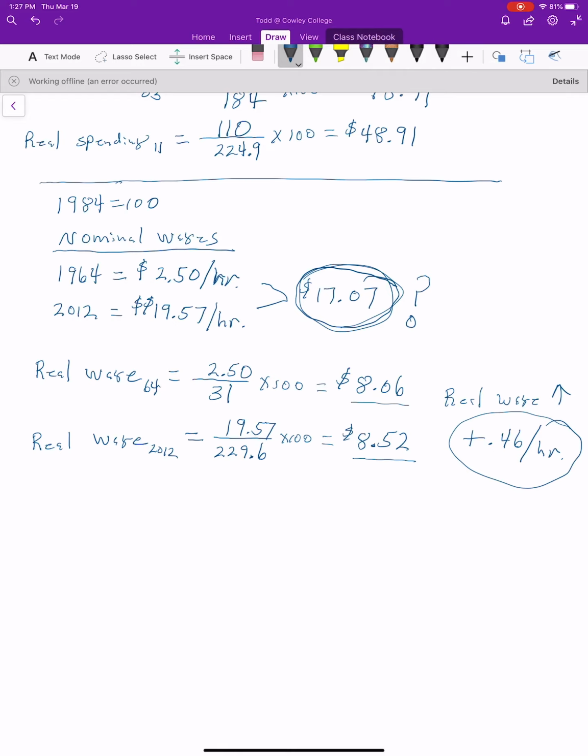So the gentleman's observation was correct. Our paychecks are a whole lot bigger than what they used to be, but you know what? They just don't go nearly as far as they used to, and that's because prices are going up over time. So use this as a model on one of your homework assignments.